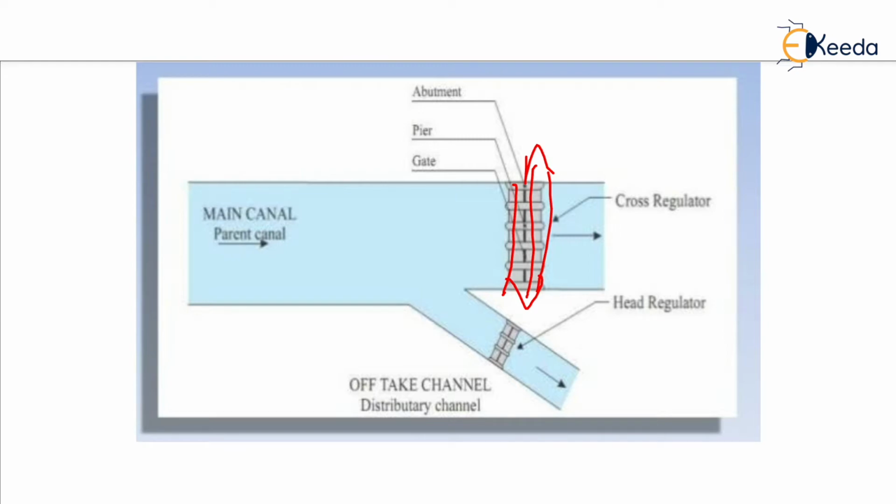But for this, again, we need to construct the road or a rigid pavement, so that vehicles can move safely over it, or we can use it only for walkways also. So this is the canal head regulator.